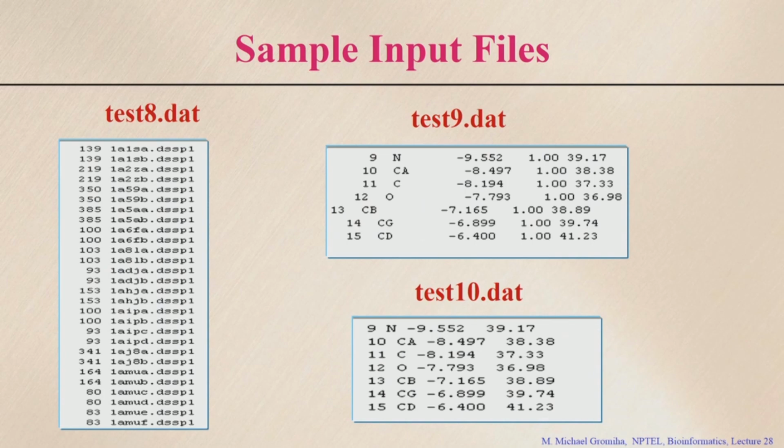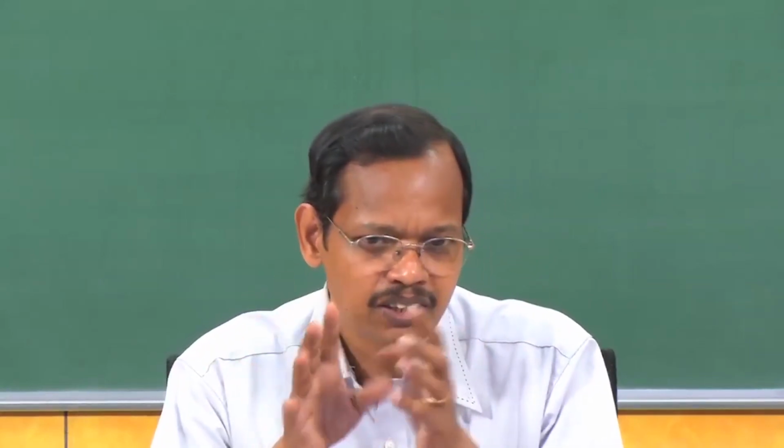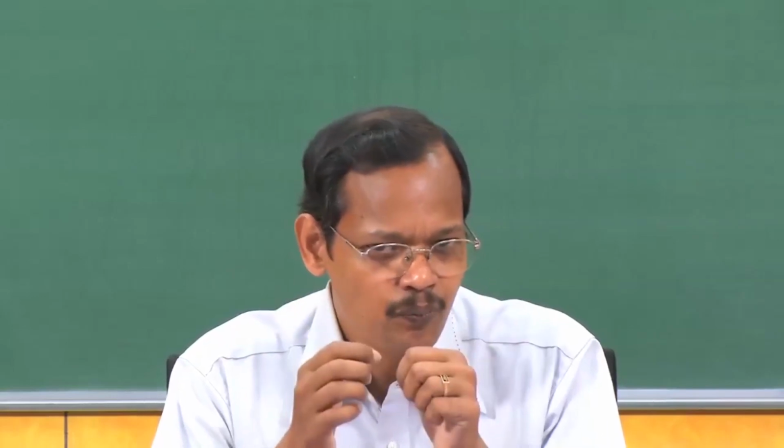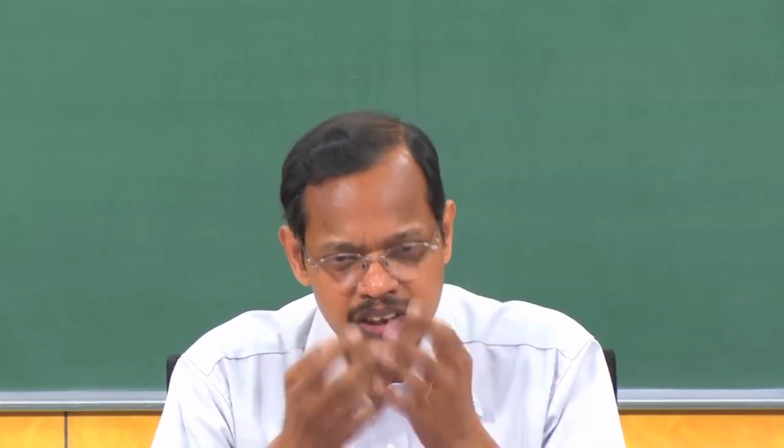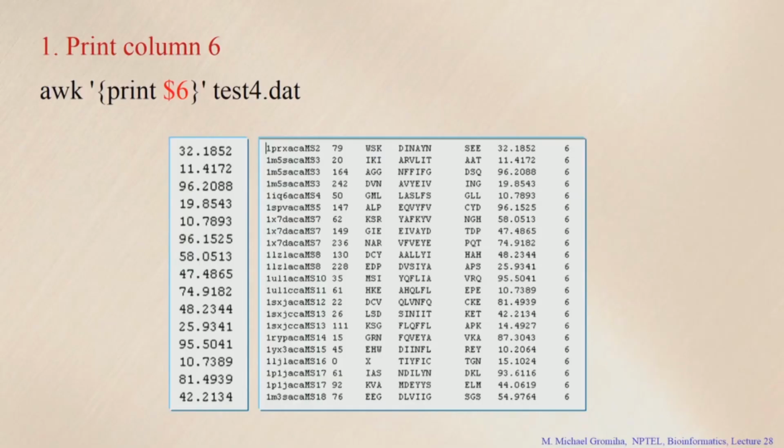Now we will show some examples. We have several input files and we desire to get output files based on our requirements. In this case, I will explain a few commands using awk, how to manipulate the data and get the information we need.